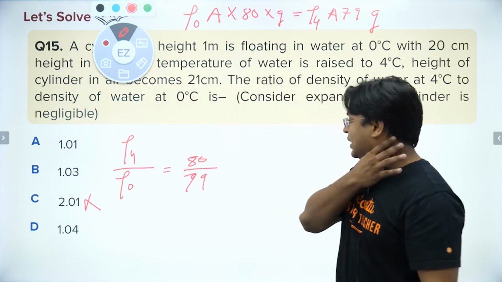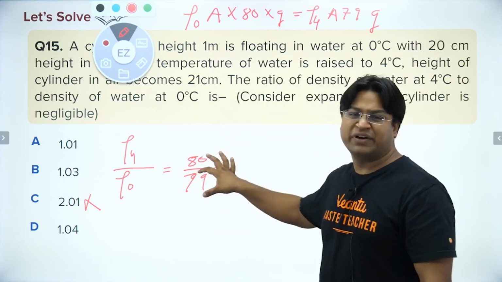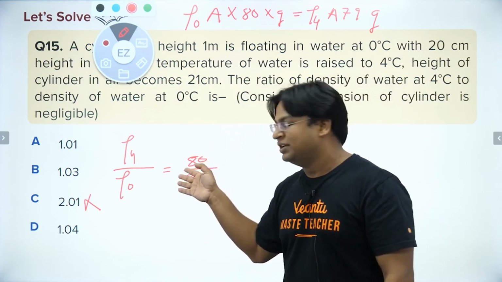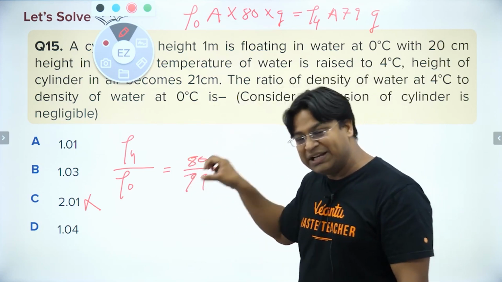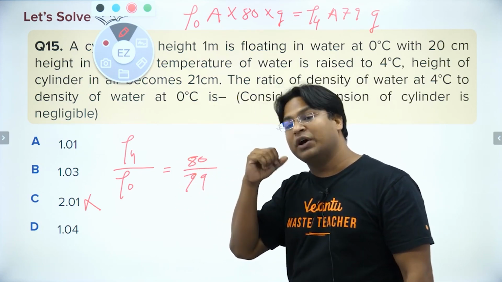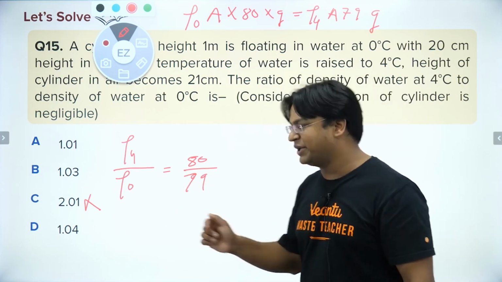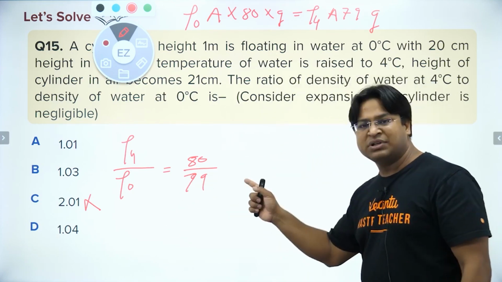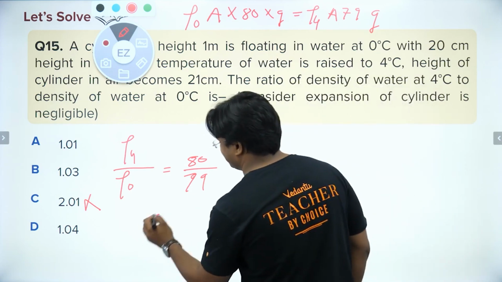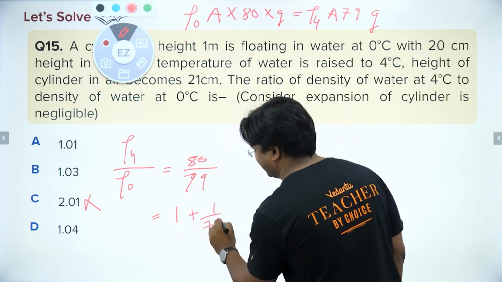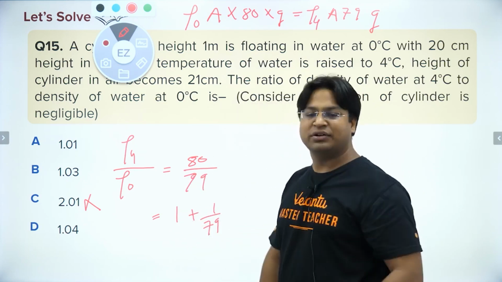So what do we do? One thing is, it's not too difficult a division, right? You probably learned these things somewhere in your 5th and 6th class, so you should be able to do this. But in any case, if you are worried about losing your time, can we do something about this? Yes, we can. One thing is to split 80 by 79 into 1 plus 1 by 79 and then go for division.